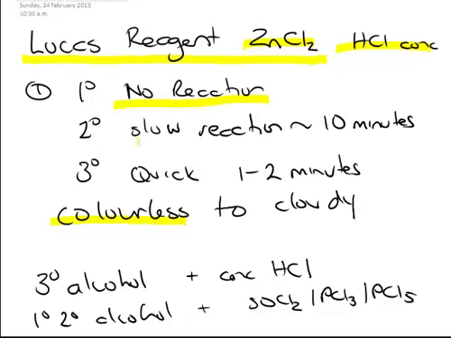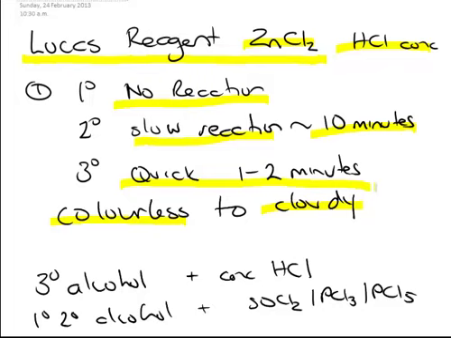Secondary alcohols are slow to react, taking about 10 minutes, and they'll go cloudy. The product they're forming is a haloalkane. Haloalkanes tend to be insoluble in water, and you'll see a white solution because of that insolubility. Tertiary alcohols are very quick to react, well, relatively quick anyway, 1 to 2 minutes.